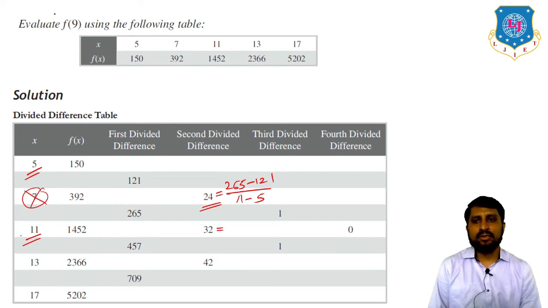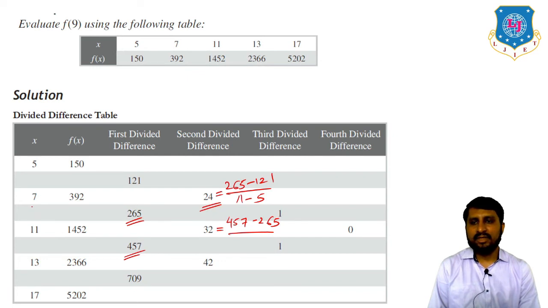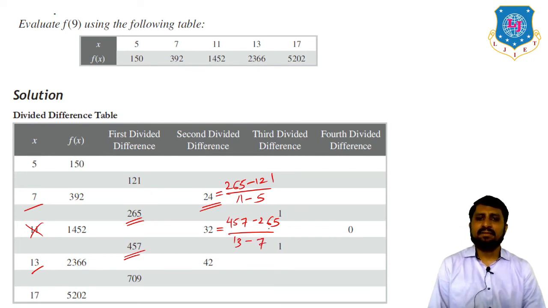Then 32 is nothing but 457 minus 265 upon, one entry that you have to skip, now 13 minus 7. So in the denominator you have 6, and whatever the numerator value, you will easily get 32.